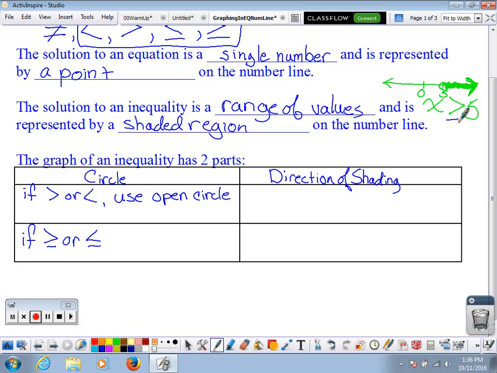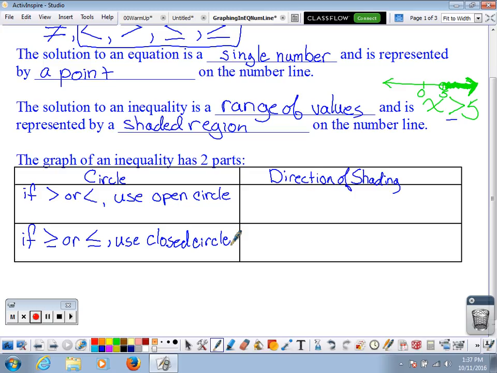So if I have greater than or equal to, or less than or equal to, we're going to use a closed circle. We'll shade that circle in because that number is now part of my solution set. Okay? So I've got the circle taken care of. I know where I'm going to start. Now I need to talk about which direction to shade.